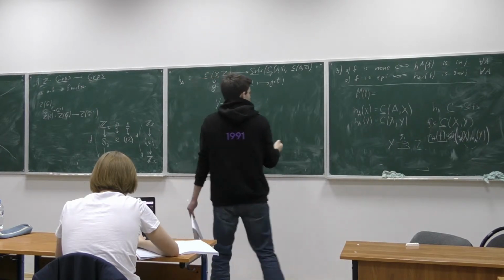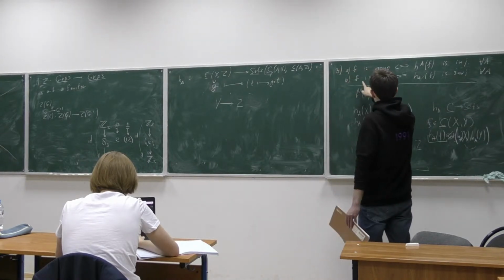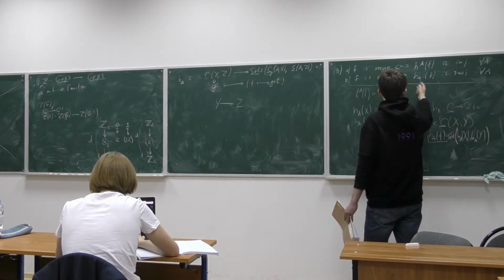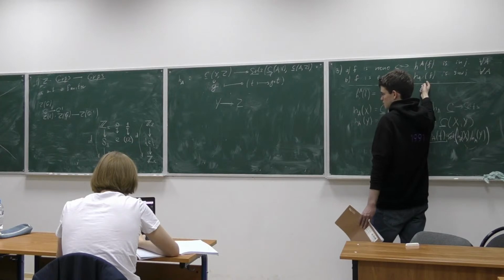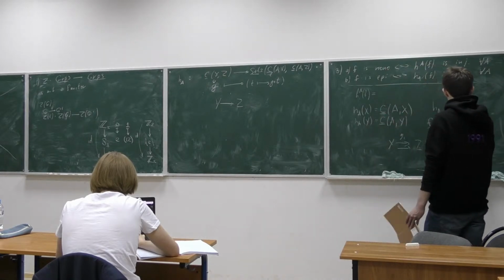So I just don't really understand what's happening now, because before we had some F, which I believe is some morphism between two objects of some category C, right? And HAF is a morphism between HA of X and HA of Y, in the category of sets.